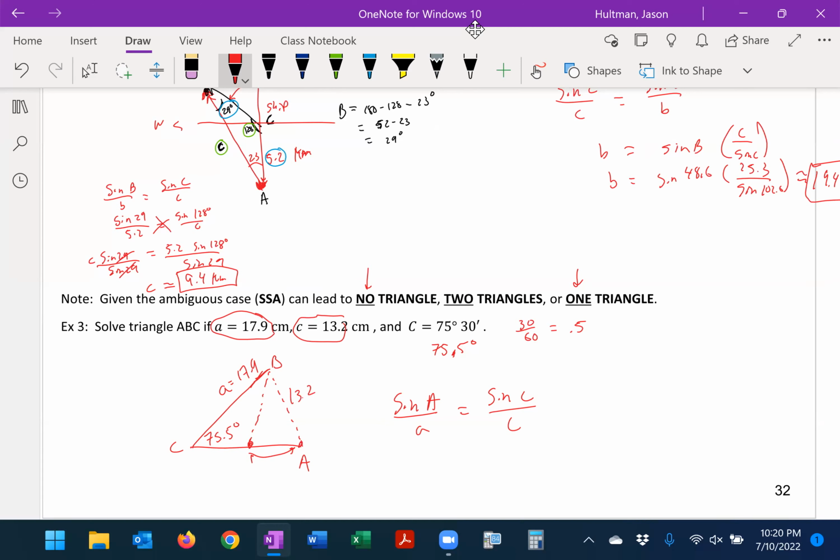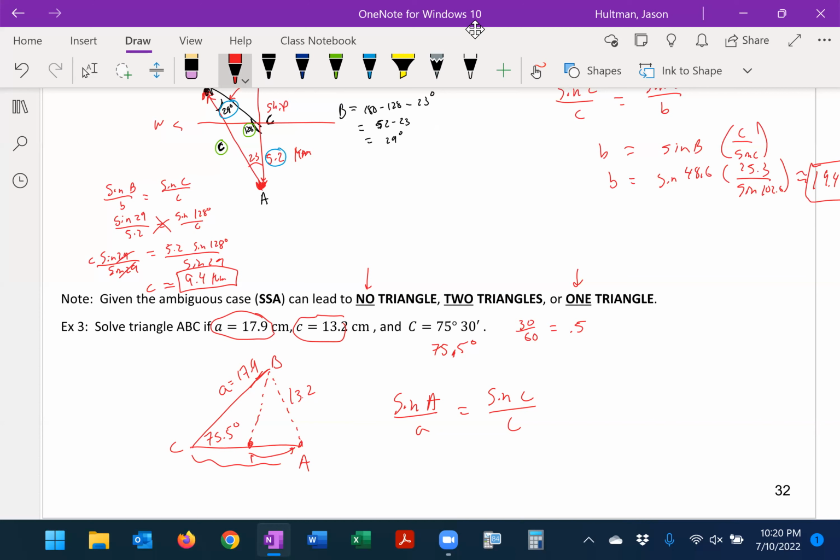I don't know if it's long enough. Maybe side b is only long enough to create one triangle, or is not even long enough to create a triangle. Who knows?